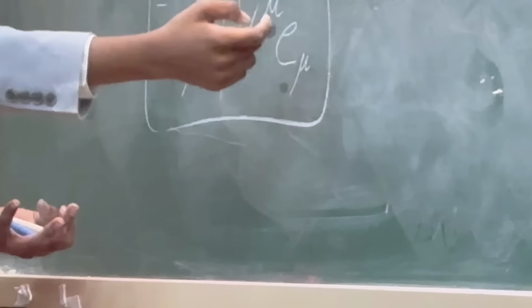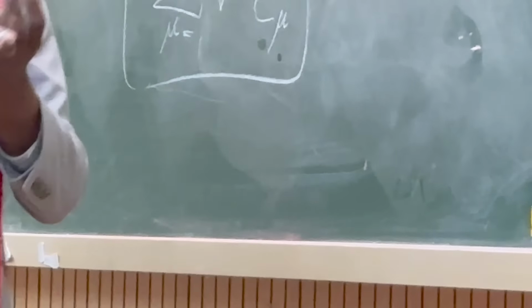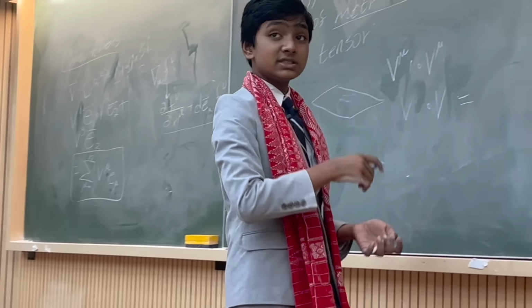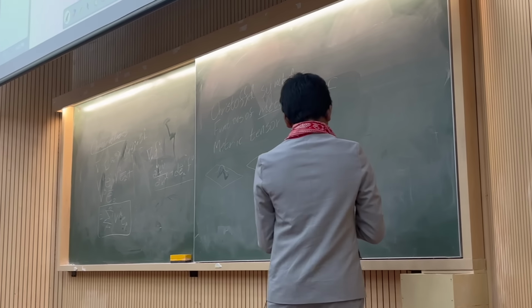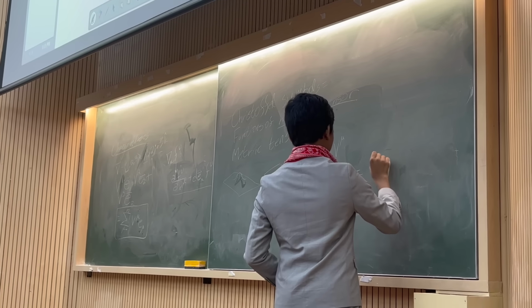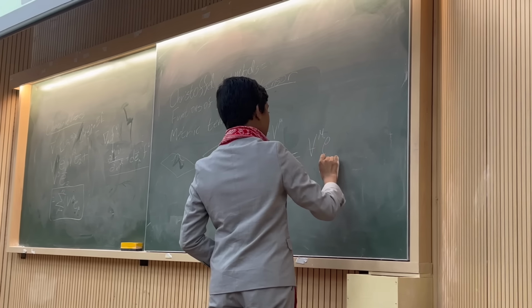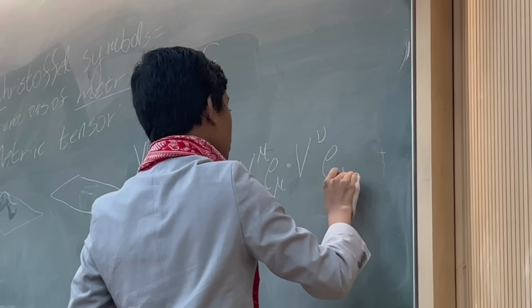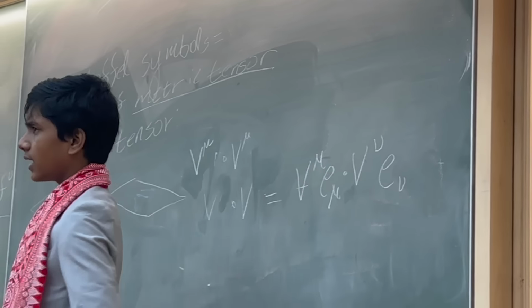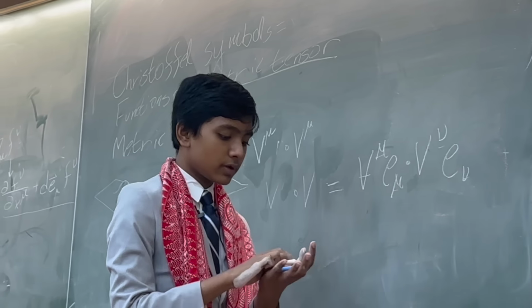There's one contravariant index, or one regular index, and one covariant index. So one subscript and one superscript means we're summing over that index. So instead, this is just going to be v mu e mu dot v nu e nu. And you might be asking, wait, why are you using two different indices over here?